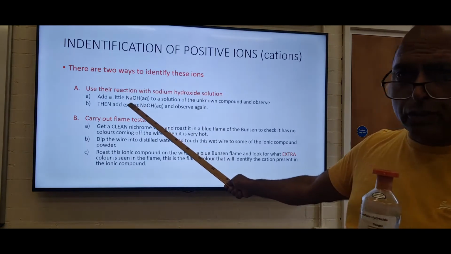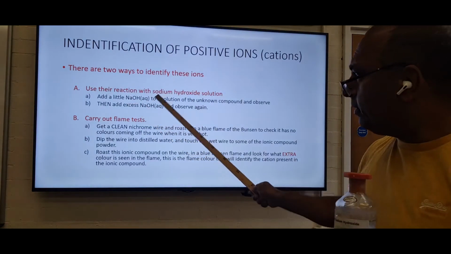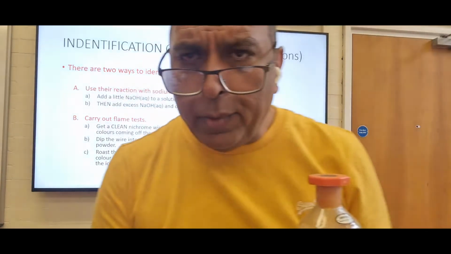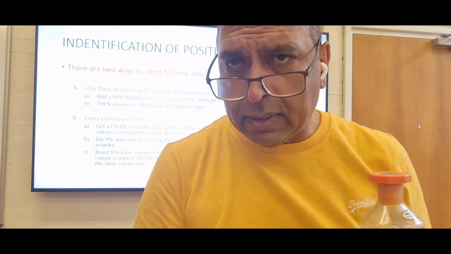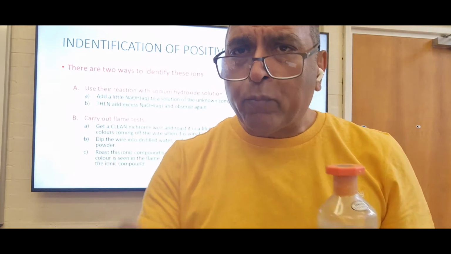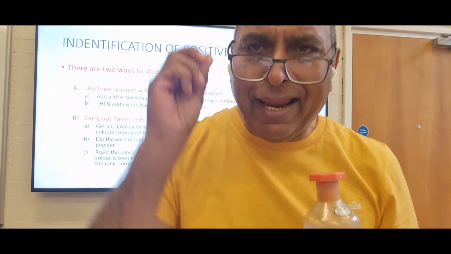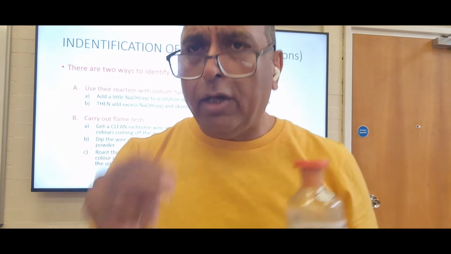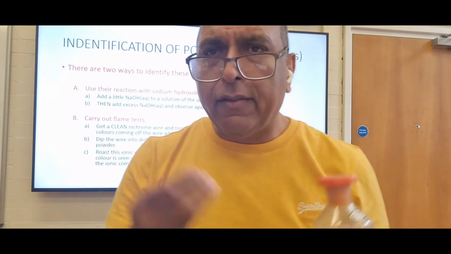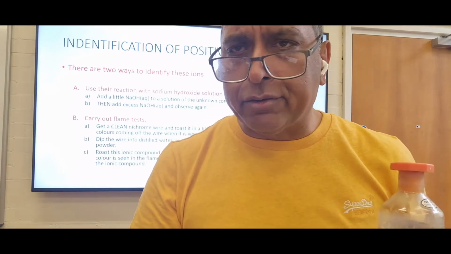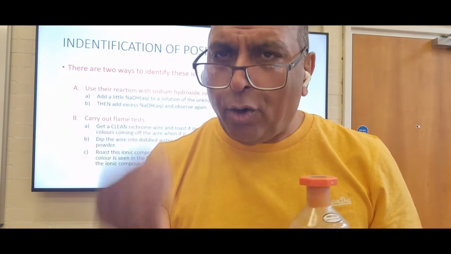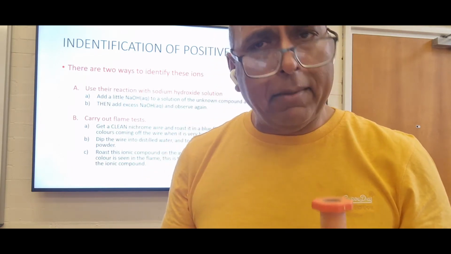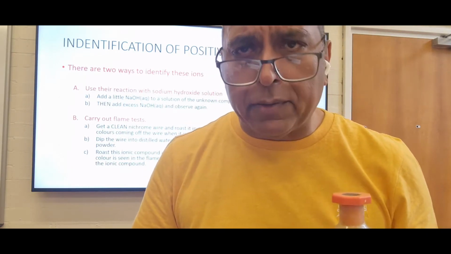Having added a little sodium hydroxide, and then added loads, then when we record the observations, from the observations, specific ions react in a very specific way, and if we know and learn our tests, then we can identify certain ions. You cannot identify all ions like this, but you can identify some of them. And I'm going to go through the ones that you should be able to identify.